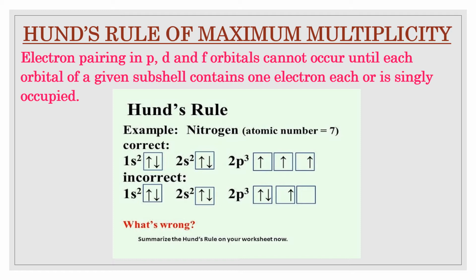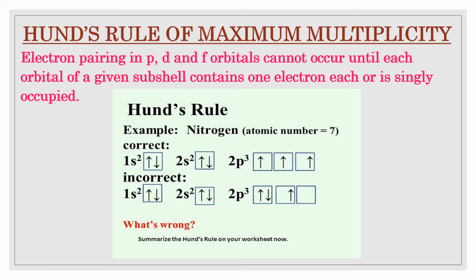Now this is due to the fact that electrons, being identical in charge, repel each other when present in the same orbital. This repulsion can however be minimized if two electrons move as far apart as possible by occupying different degenerate orbitals.